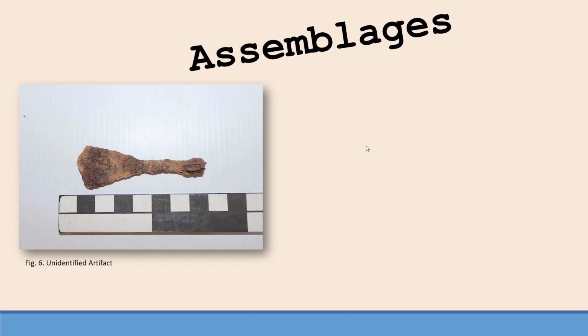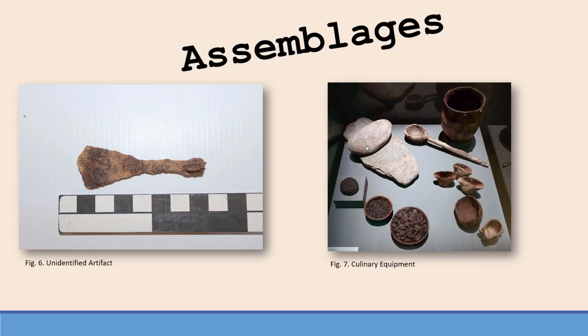What if I told you this item here was found in a larger group of things, like among a group of these items? We can identify all these things. This is culinary equipment. That's a fancy word for cooking items, cooking things, right? Cooking accessories.